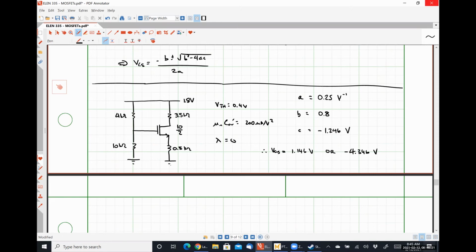Two solutions because it's a quadratic equation, there has to be. Which one of these is correct? The positive one, 1.146. Why?